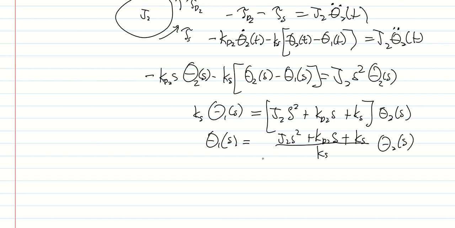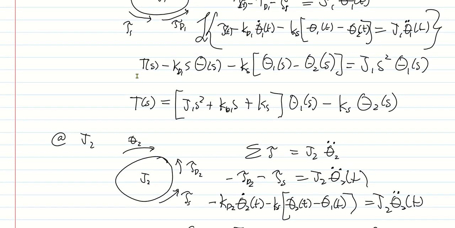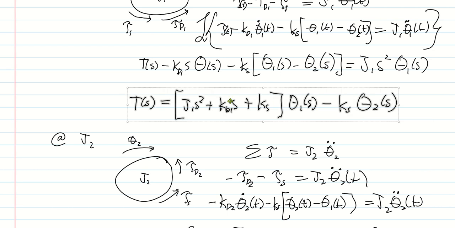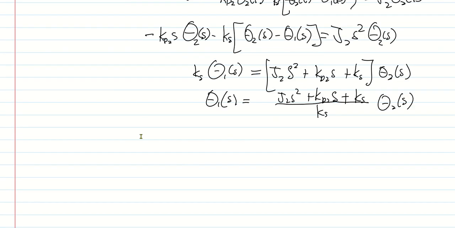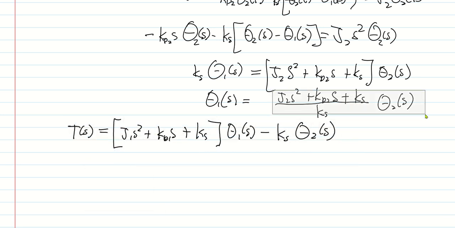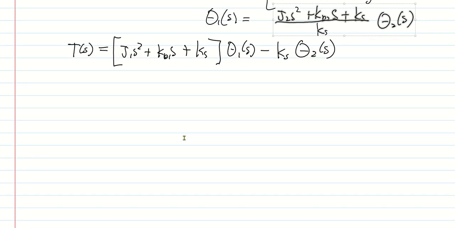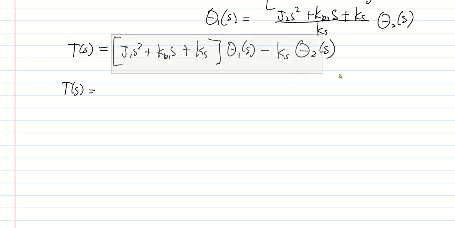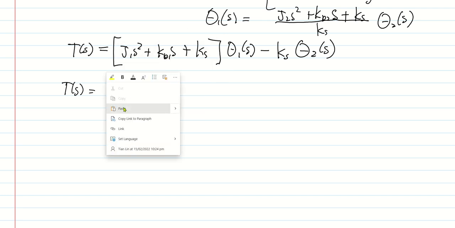Then we will substitute this one into our first equation here, so that the remaining variables will be just T and theta 2. I'll just copy this. Then I'll substitute this here, replacing theta 1 with that. So we have this one multiplied by theta 1 s.